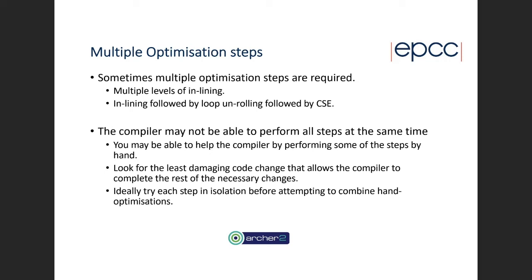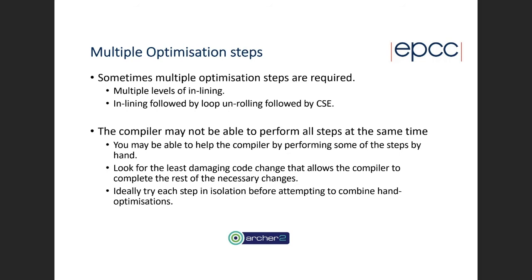Okay. So sometimes optimizations require multiple steps. For example, if you have multiple levels of inlining, or what you really need to happen is inlining followed by loop unrolling, followed by common sub-expression elimination. In that case, the compiler may not be able to do it all.